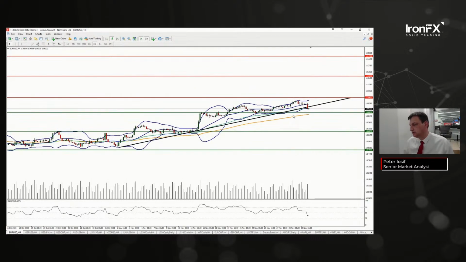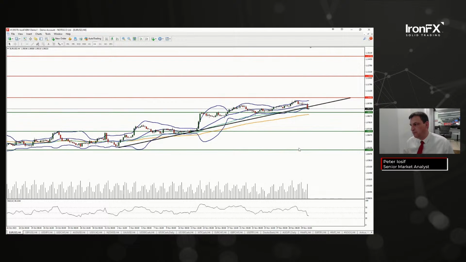The second would be the fact that the RSI indicator in the four-hour chart has dropped below the reading of 50. It's currently aiming for the reading of 30. Actually, there is some slight stabilization. But in any case, definitely the upward movement seems to have been interrupted. For a clear answer, though, I would like to wait for the next 24 hours.